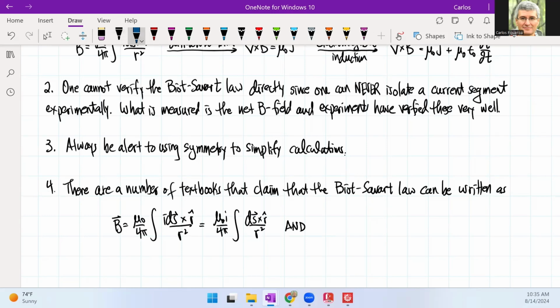Once again, we're talking about a constant current. Textbooks will also write that the Biot-Savart law can be written like this.